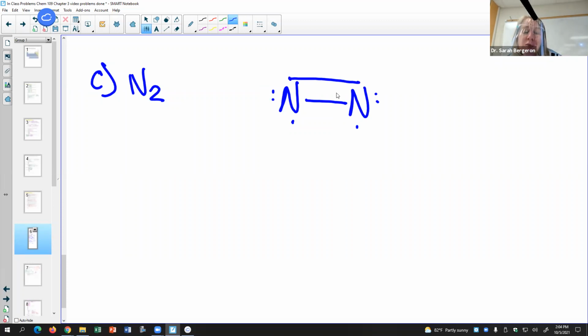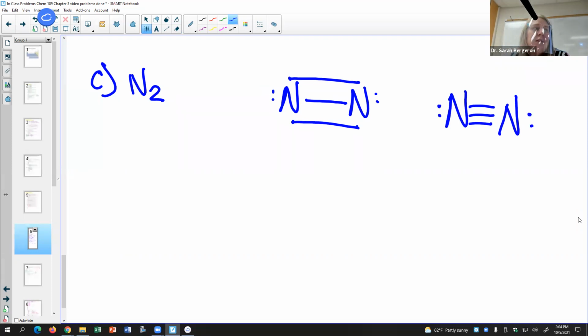Does that give me 2, 4, 5, 6, 7? Am I happy now? What do I need? Another bond. So really, when you draw it, you would draw it as N with a triple bond, and then each nitrogen has a lone pair on it. Okay, could you do the needed available shared with this?